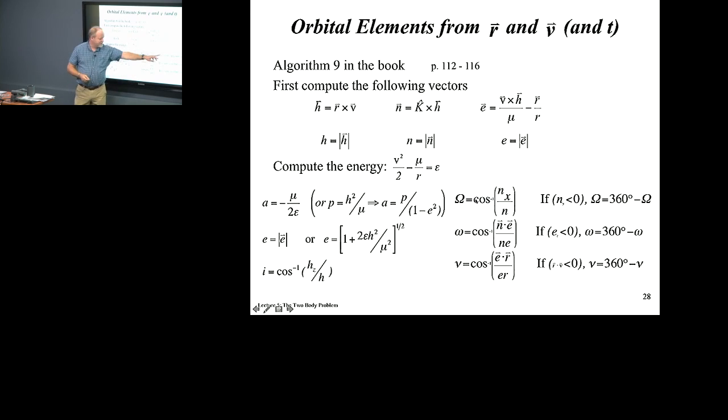And so these rules over here will allow you to determine whether you need to adjust the angle to a different quadrant. But it is pretty foolproof, and the law of cosines is pretty easy to understand to relate the angle between two vectors. So that's kind of your recipe for determining orbital elements from position and velocity.